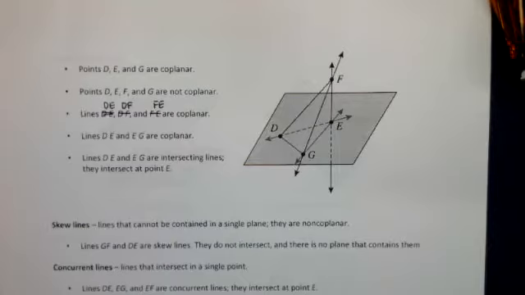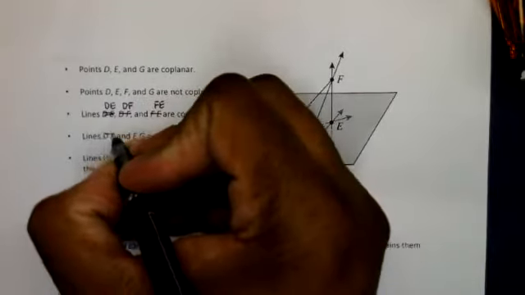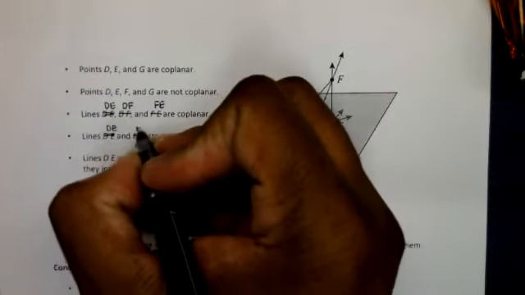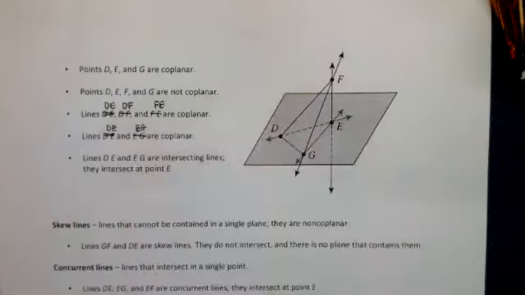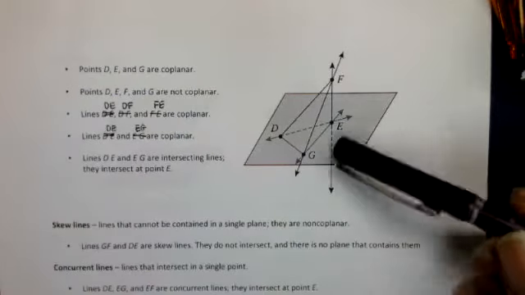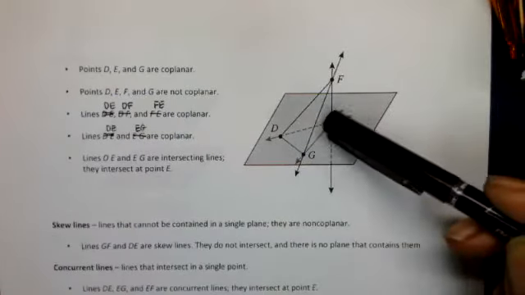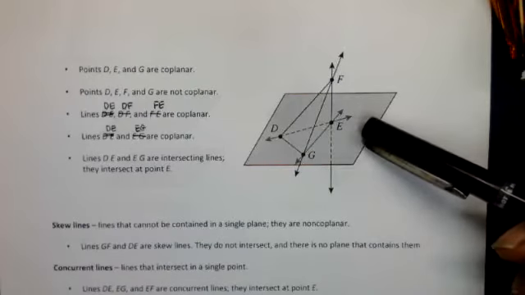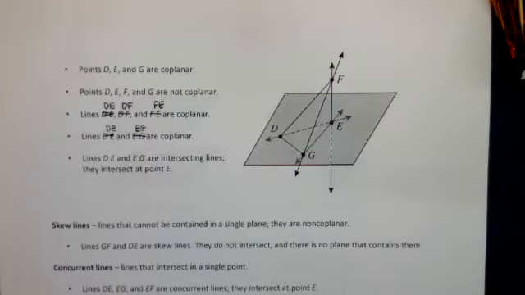And also lines DE and EG are coplanar as well. They should be DE and EG. Those are coplanar. So here's DE and EG. They're in that same plane that's shaded. So those are considered to be coplanar lines.